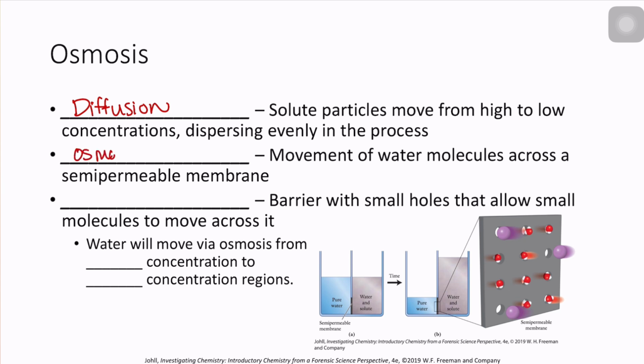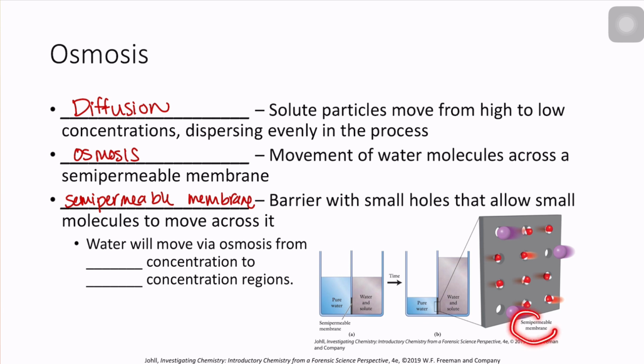Osmosis looks at the solvent. And if water is our solvent, it is looking at the movement of water molecules across a semi-permeable membrane. Now, a semi-permeable membrane is a barrier where only certain things can pass through it.